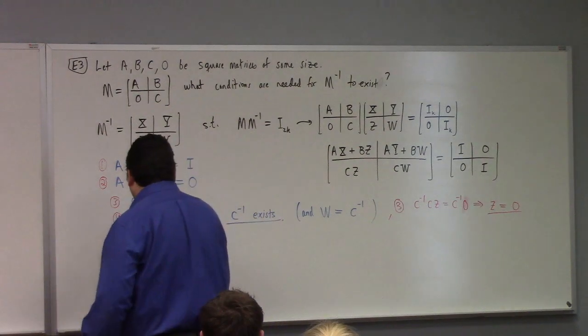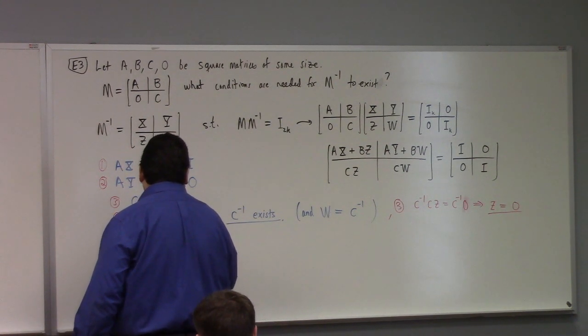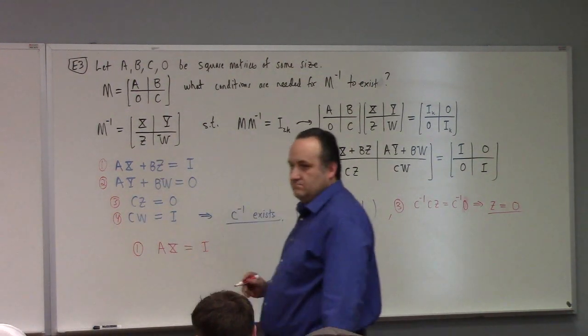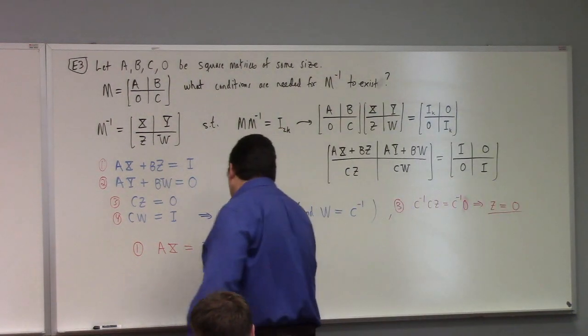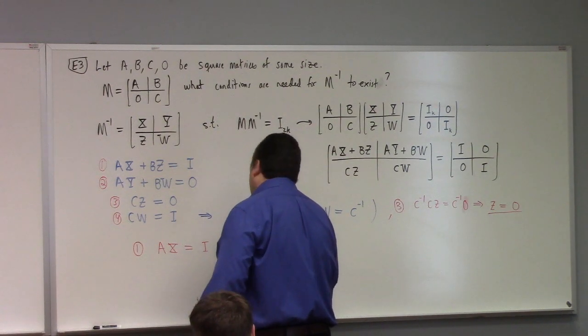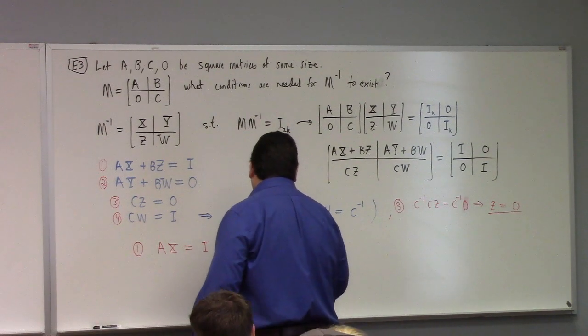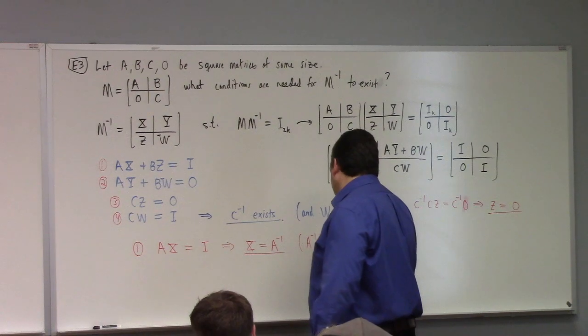So we used 4, we used 3. We just found out Z was 0. So if we look at 1, that gives me AX equals what? Apparently I. So what did we learn about X? Apparently X is also equal to A inverse. So by the way, A inverse must exist.